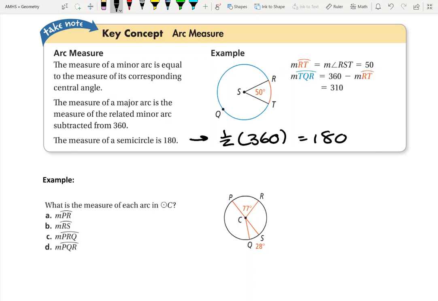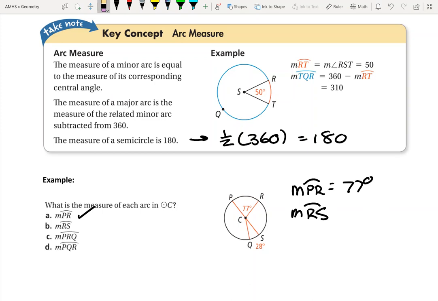So now let's look at the measures of the arcs in circle C. Measure of arc PR. So I'm going to go ahead and color in PR, this arc here. We're told the central angle is 77 degrees. So measure of arc PR equals 77 degrees. So I did A. B is measure of arc RS.